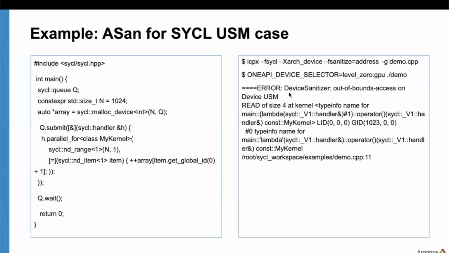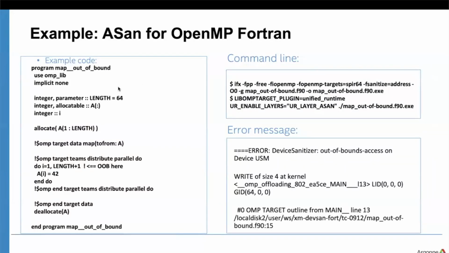In this example, it says device sanitizer out of bound access on USM, and then shows the file and the line number. On the Fortran OpenMP side, again, we allocate array A with a length, and then we run the do loop with the length plus 1. So we just hit out of bounds. You can see the out of bound access on USM, and it shows the line number and file name, so you can check it.